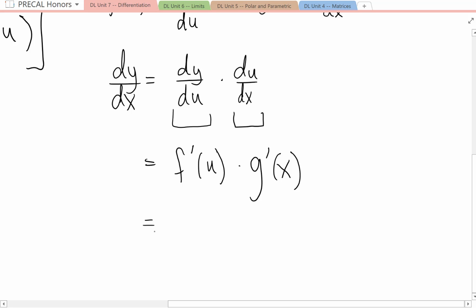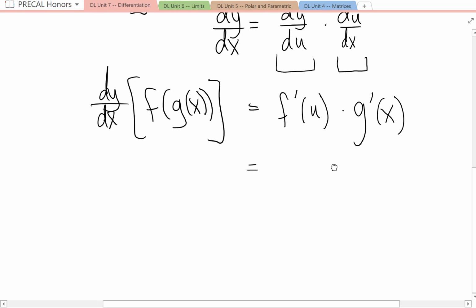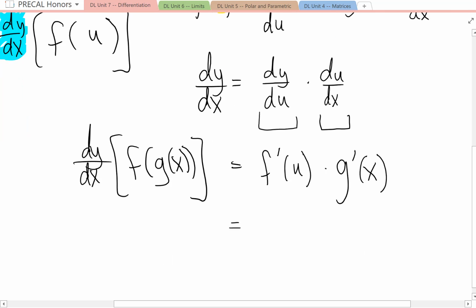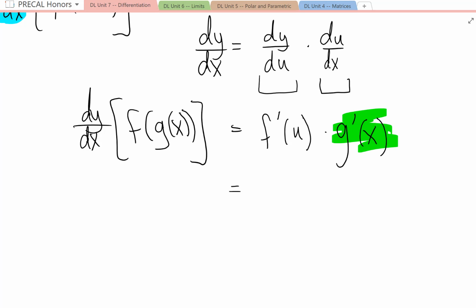But we have too many moving parts here. So theoretically, we're given two functions, an f of x and a g of x, and we need to write some sort of formula to find the derivative of this composition. If you remember, we labeled g of x as u. So if we wanted everything in the same terms, we could write g prime of x instead as u prime.